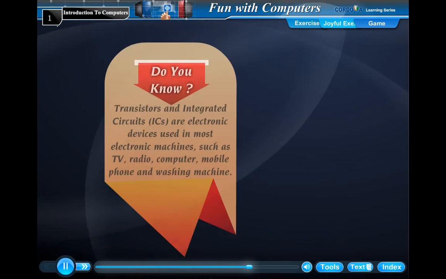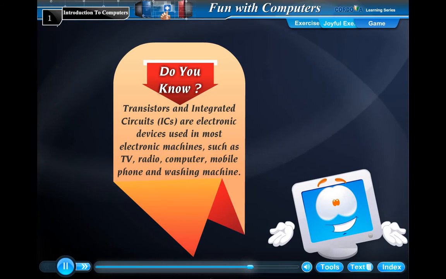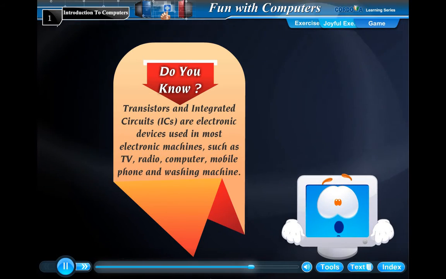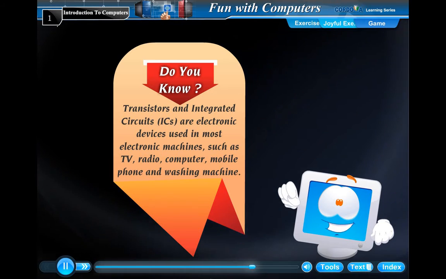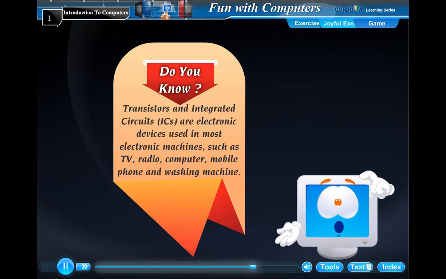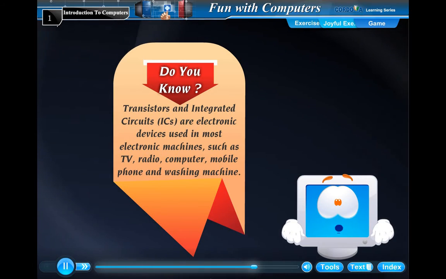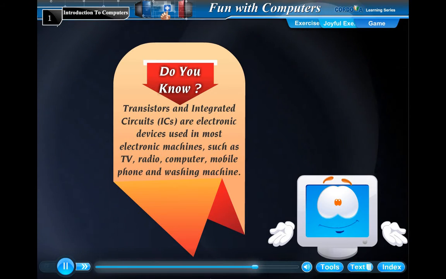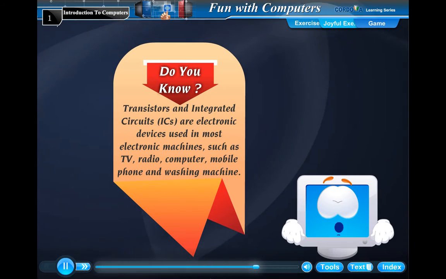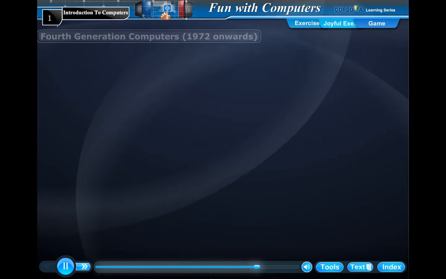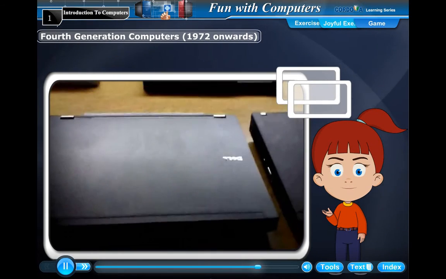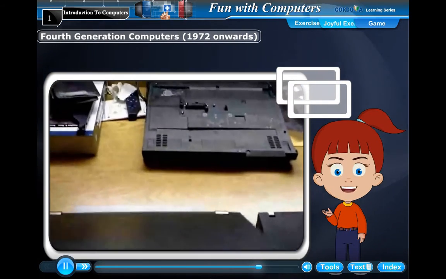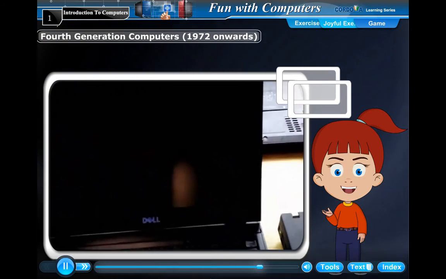Do you know? Transistors and integrated circuits, ICs, are electronic devices used in most electronic machines such as TV, radio, computer, mobile phone and washing machine. Fourth-generation computers, 1972 onwards. Fourth-generation computers have the following features.